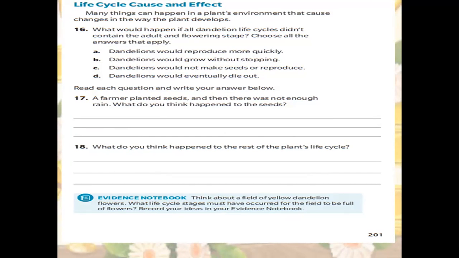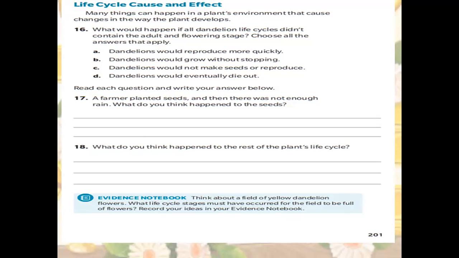Choose all the answers that apply, which means we can choose more than one answer. Dandelions will reproduce more quickly, or would grow without stopping, or wouldn't make seeds, or would eventually die out.